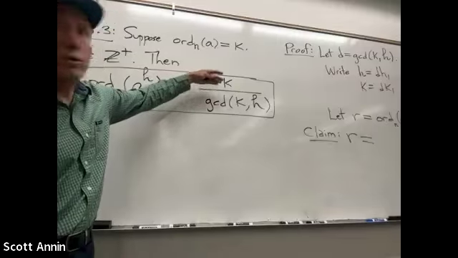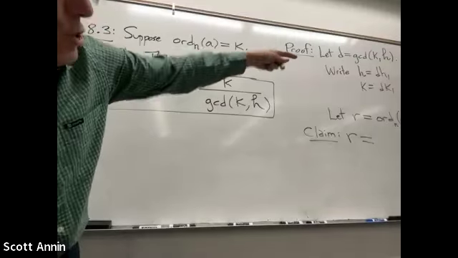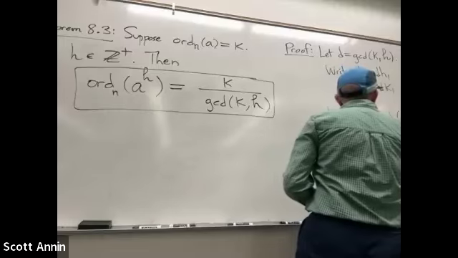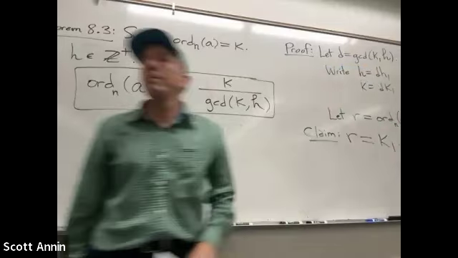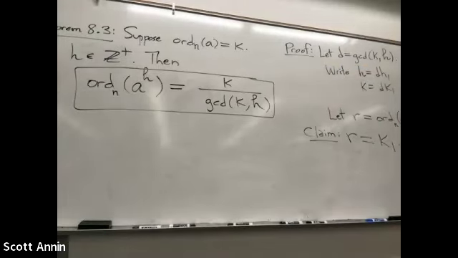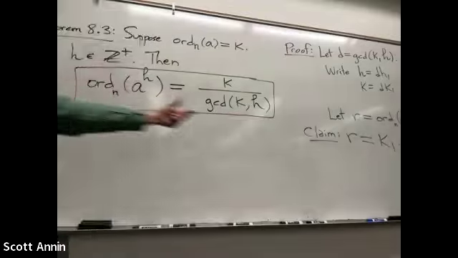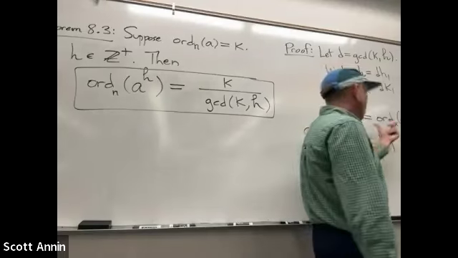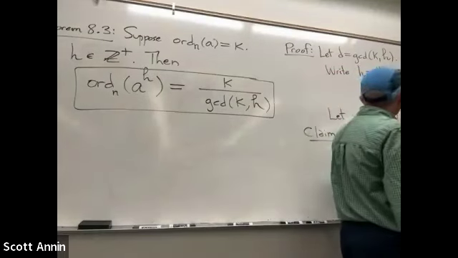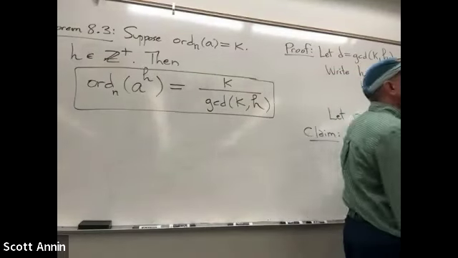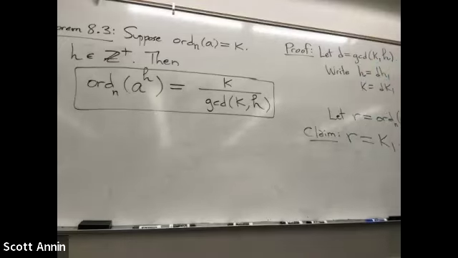This is K over D. If you look at the notation, K over D is actually what I'm calling K1. If I can prove that claim, I am good to go, right? Because if I prove this claim, then that would prove that the order of A to the H is equal to K over D. This is what the theorem says.